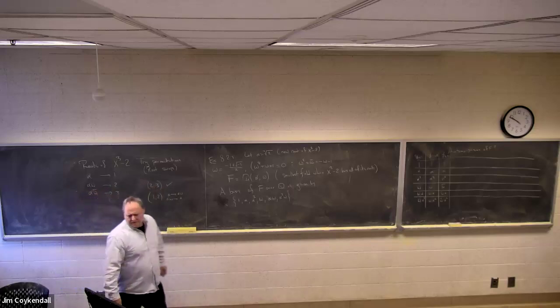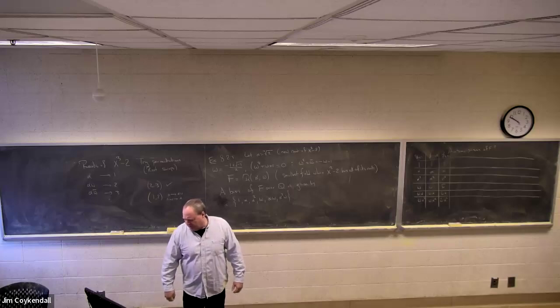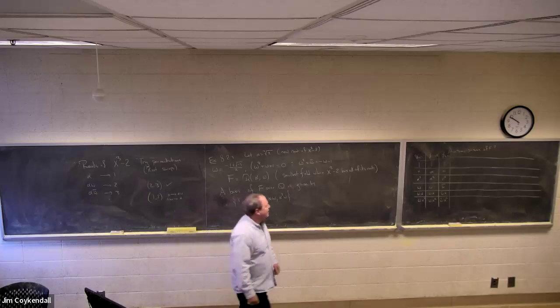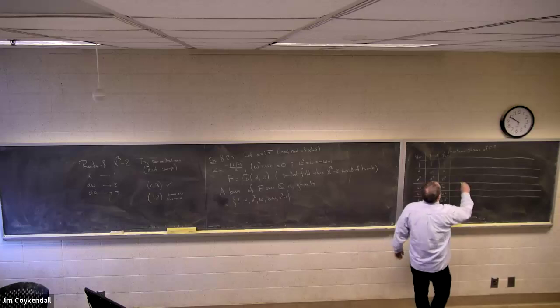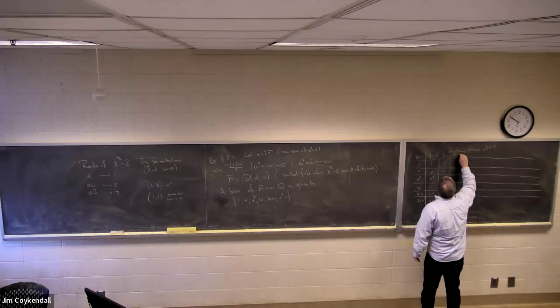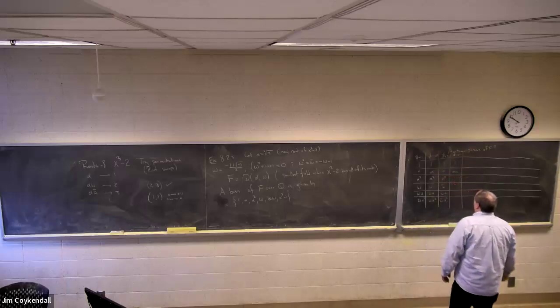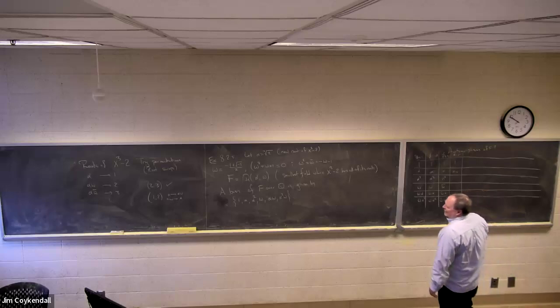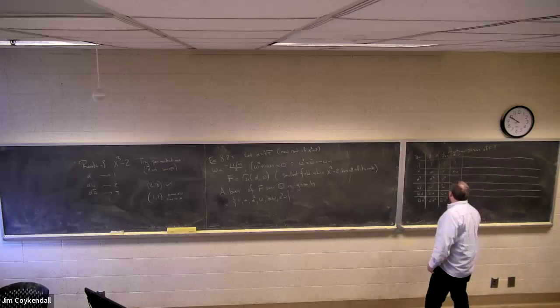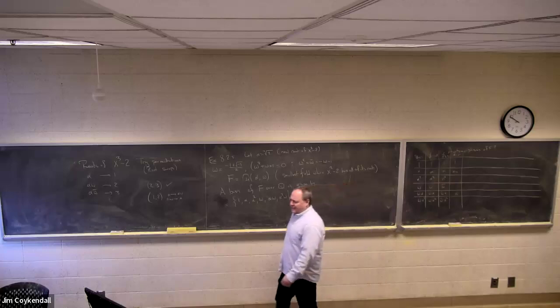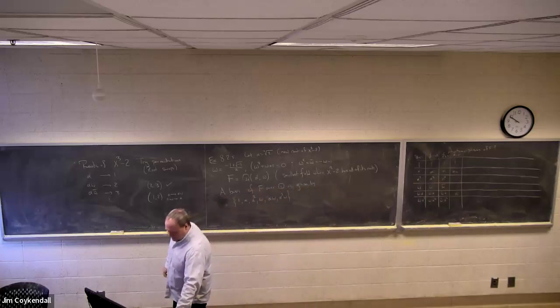Right? So let's get started on this and see if this can happen. Alpha goes to alpha omega, and omega alpha goes to alpha. So we've got to have that, right?